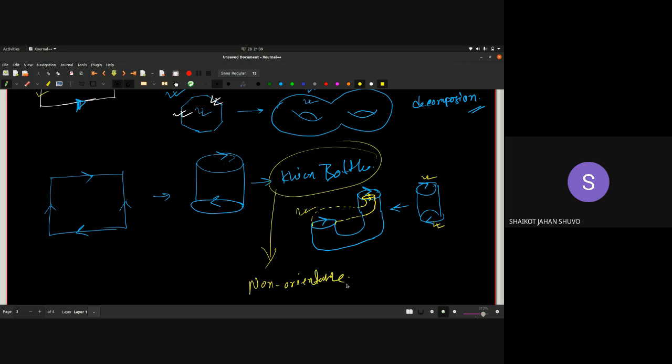If you read the book, it says that orientable surfaces have definite directions, and in non-orientable surfaces there is not a proper direction or something like that. But this orientability or non-orientability is something we will discuss when we talk about differential forms, after we talk about manifolds and all that.